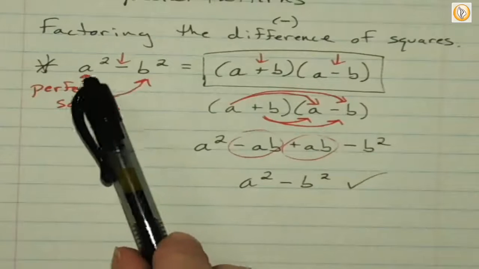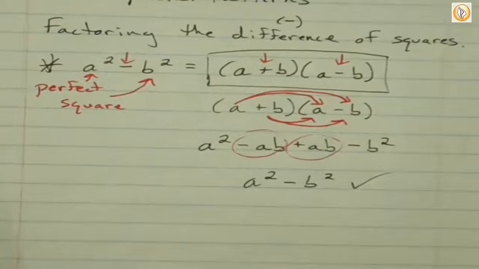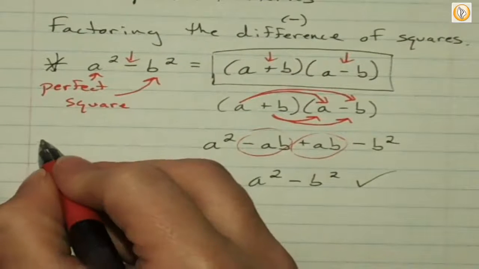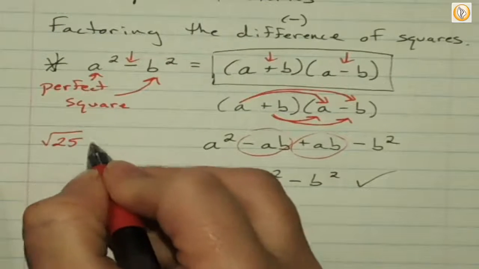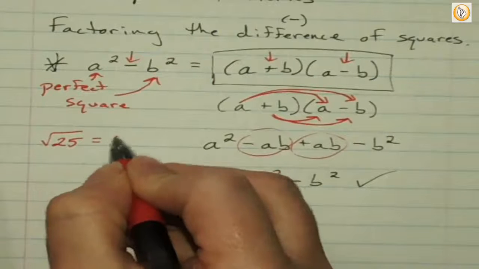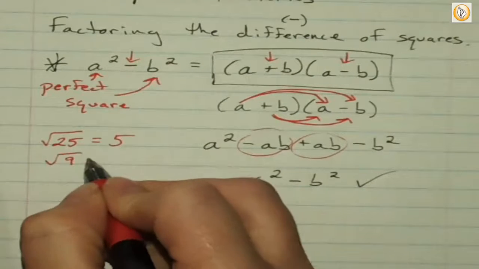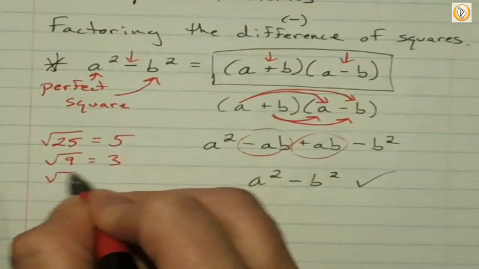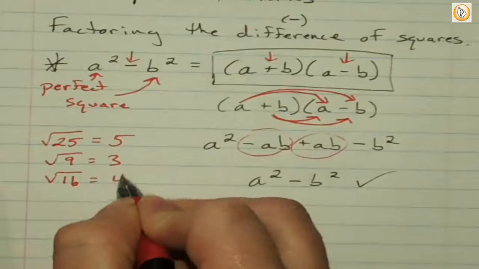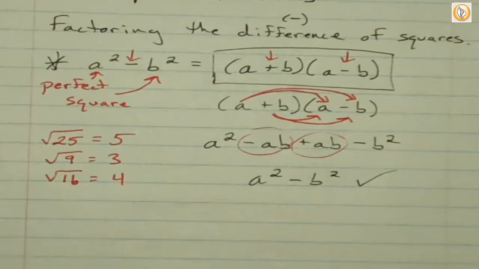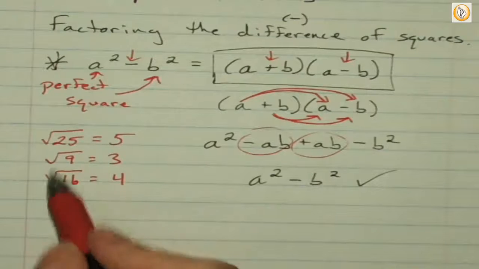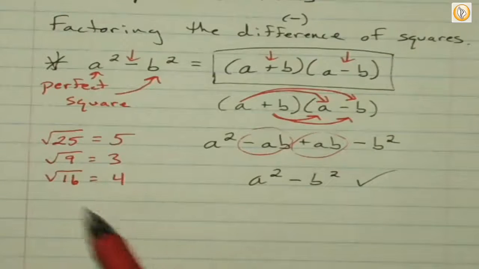Now, if we have forgotten what perfect squares are, that would be like square root of 25 is 5. Square root of 9 is 3. Square root of 16 is 4. Those are your perfect squares. Stuff like that. They don't have to be these particular numbers, but these are examples of a perfect square.